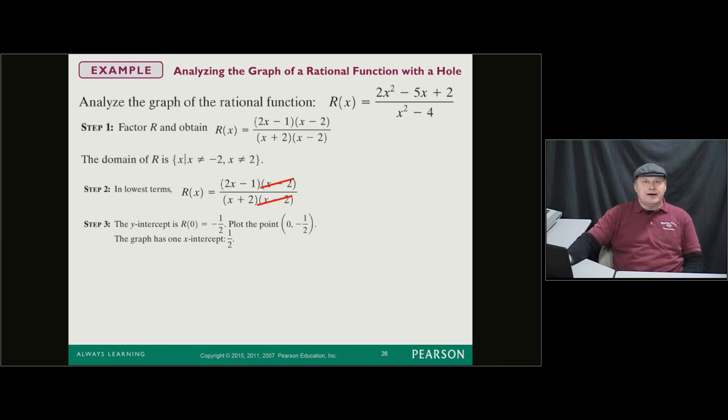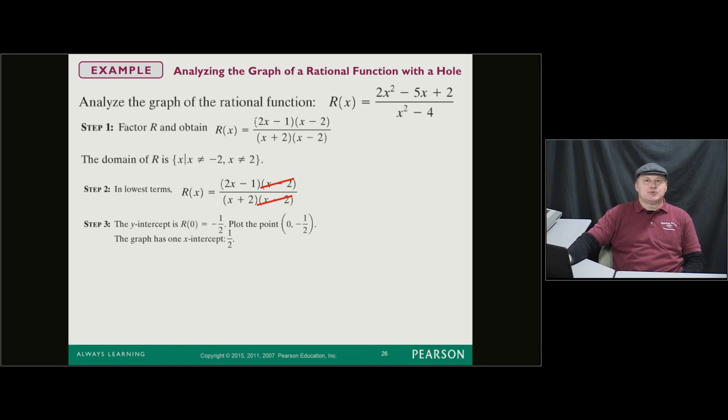So that's what you work with: 2x minus 1 over x plus 2, and the process is exactly the same as what we have been doing. The y-intercept is at negative 1/2, and plot the point at 0, negative 1/2, and the graph has one x-intercept at 1/2.